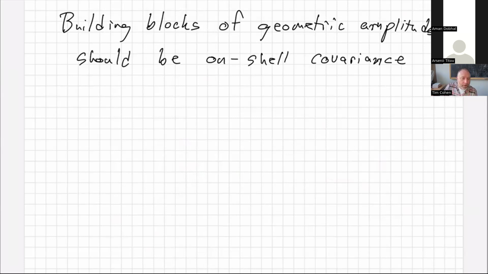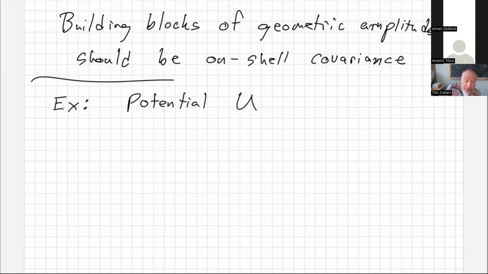So let me just give you an example of on-shell covariance. If I have a potential, let's call it U, because I'll use V for vertices if I get there, then the first derivative of the potential has to be on-shell equivalent to 0, because we evaluate the theory at the vacuum.